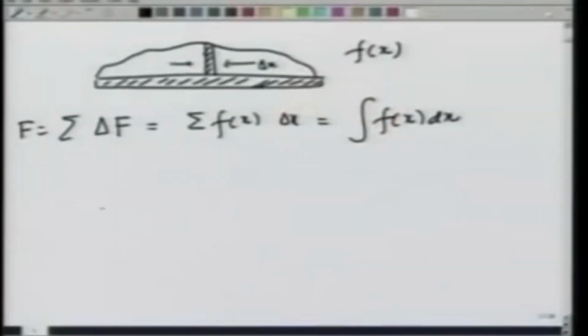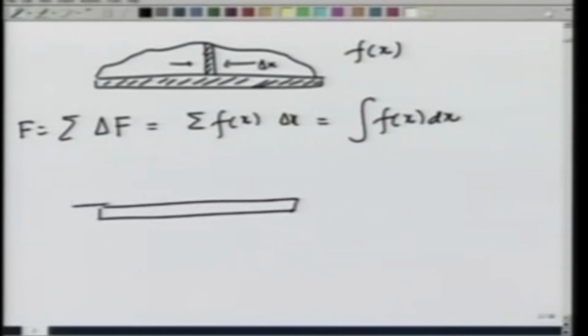For example, if I have this beam fixed at this point, or let me put a pin joint here, what torque should I apply here in order that this beam is in equilibrium, or equivalently at which point should I apply this net force F that I have calculated above, so that the effect of this force, both the torque as well as the net force, is nullified.